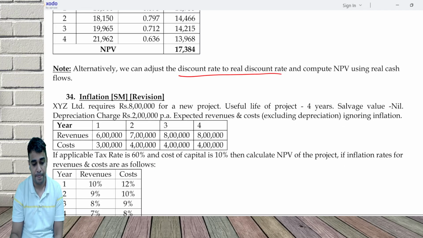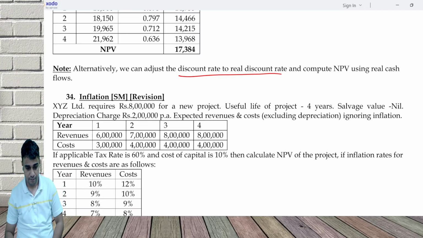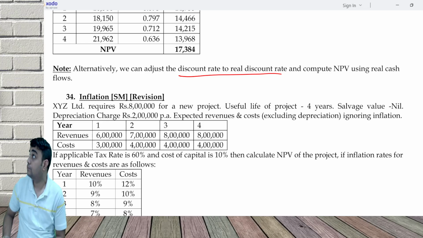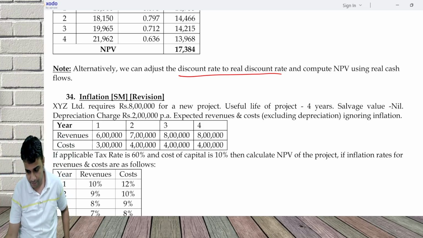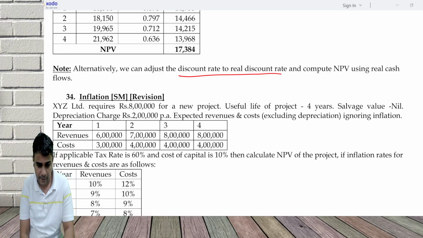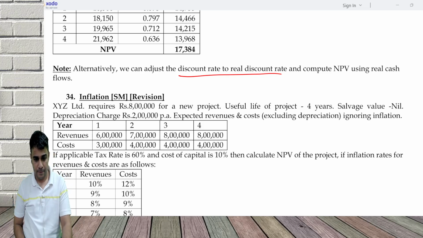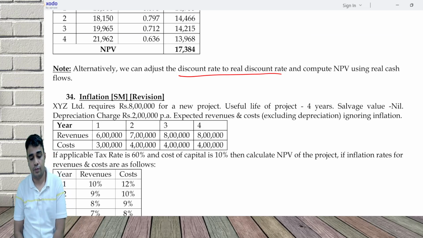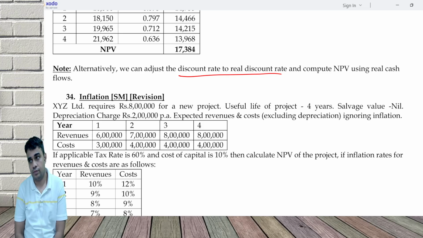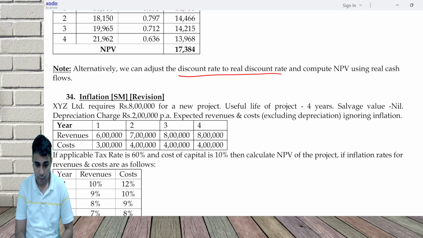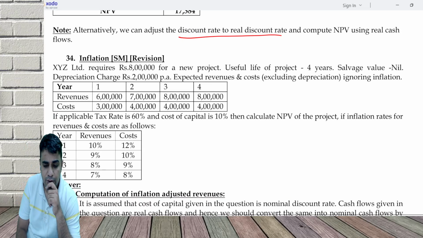Go through question 34. Okay, the question has given some data.